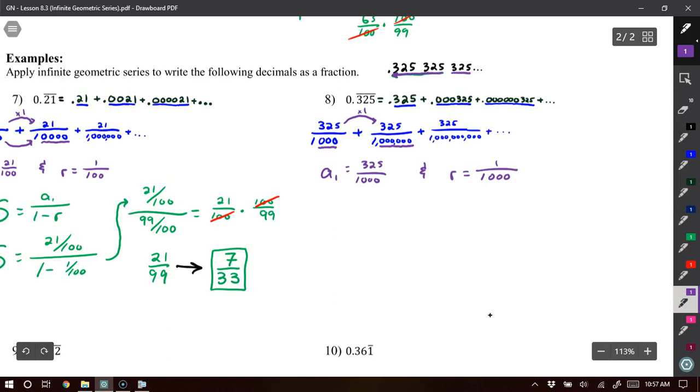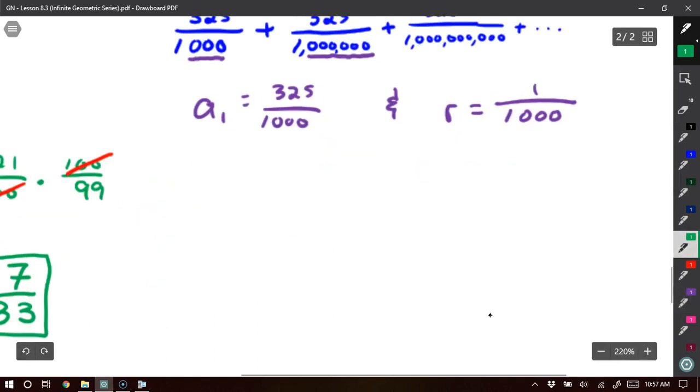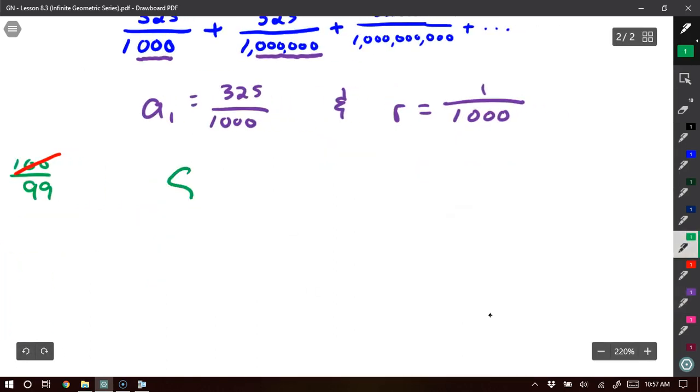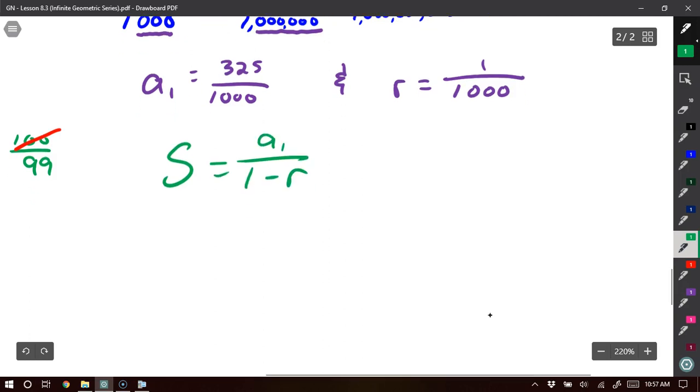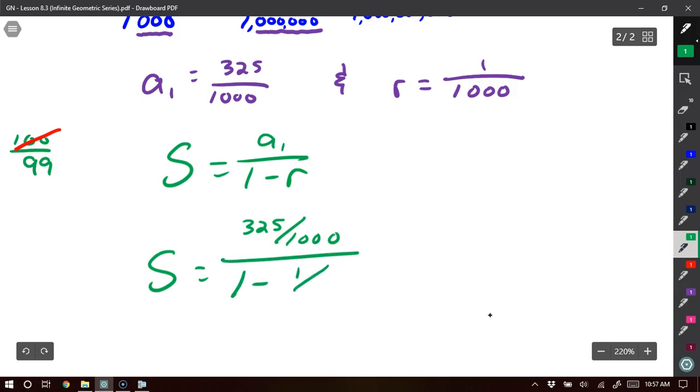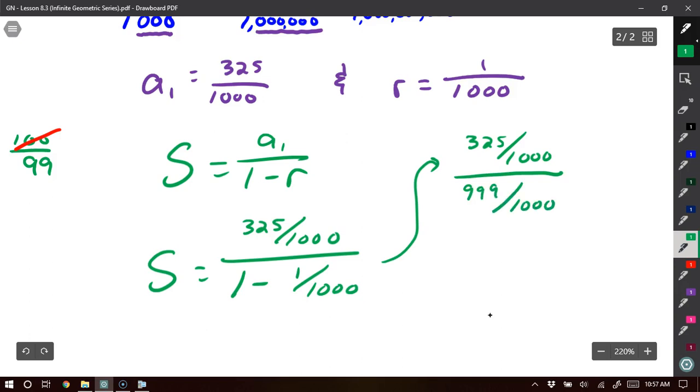And so that gives me my A1 and my R, and I can use green, my formula, and I have my sum equals A1 over 1 minus R. So I have 325 over 1,000 over 1 minus 1 over 1,000. The top's going to stay the same, 325 over 1,000, and the bottom is going to become 999 over 1,000.